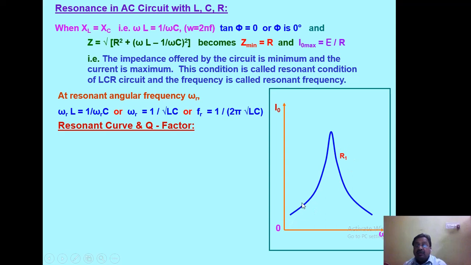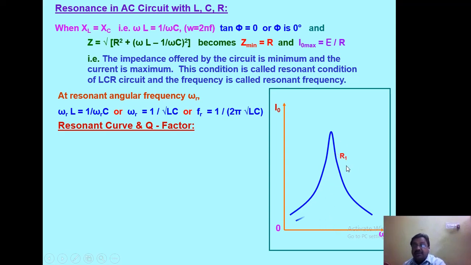Here you see the current increases with the increase in angular frequency, becomes maximum at a particular value of frequency, and that frequency is called the resonant frequency. That current is called the resonant current, corresponding to this position as I am showing with the cursor. Correspondingly, the resonant frequency is the frequency here in the middle.